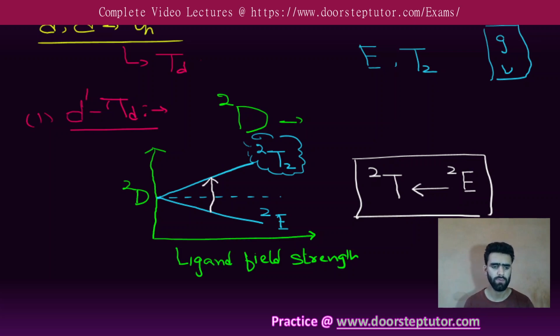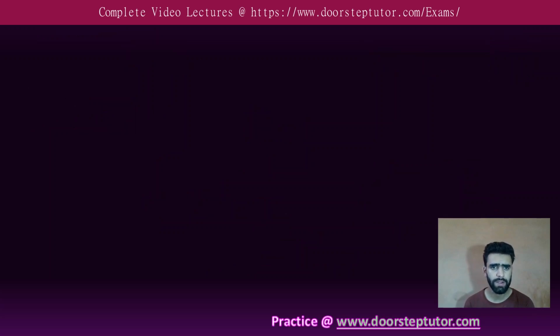Now let us understand the case for D9 when we have a tetrahedral complex. The D9 case for octahedral we have already studied in the previous lecture.